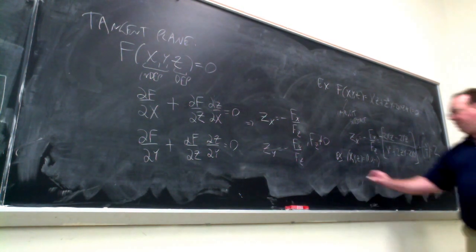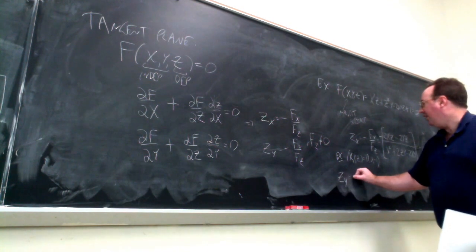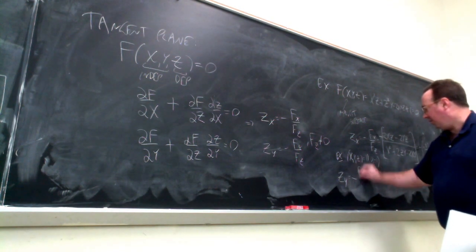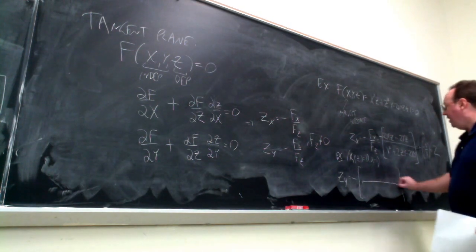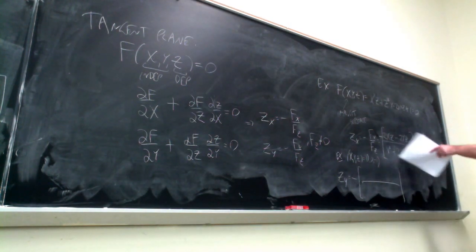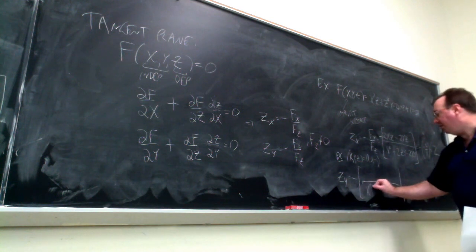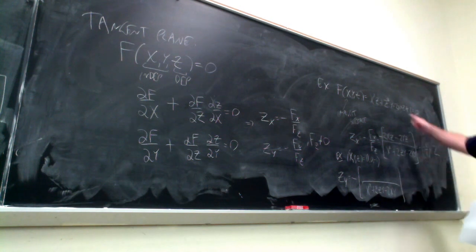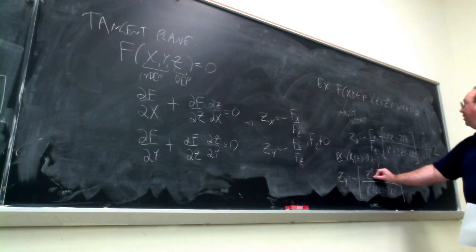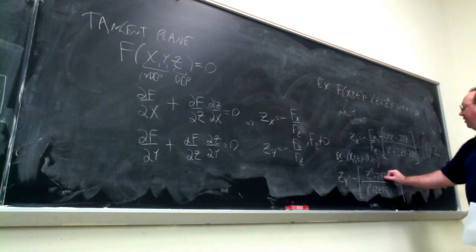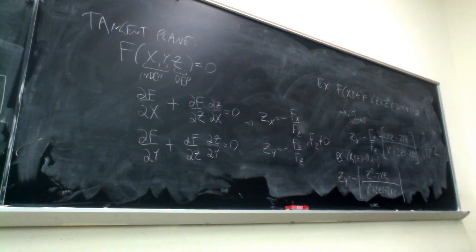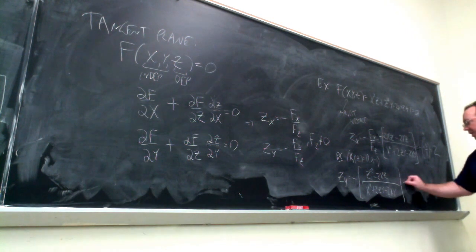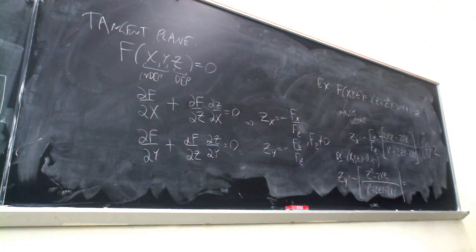Now, the formula for partial of z with respect to y, so don't forget the big old minus out front, would be minus f_y over f_z. Now, f_z is the same. I'm just going to rewrite that down here. And then partial of this with respect to y is going to be z squared minus 2xz. So now you can plug in x is 1, y is 0, z equals minus 1. And what are you going to get in that case?